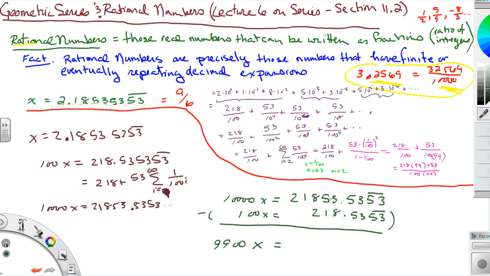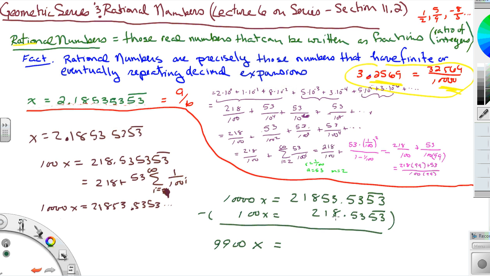On the other hand, when I subtract the right-hand side, these decimals cancel. You know the decimal cancels from your experience with arithmetic, but more precisely now we know they cancel because they're both just 53 times these infinite series that converge, and so we can combine them and actually get the series of 0. They cancel because they're infinite series, and everything still converges to what it should be.